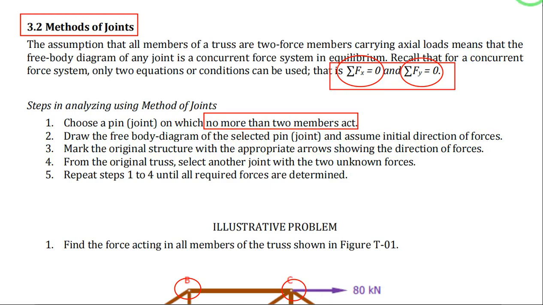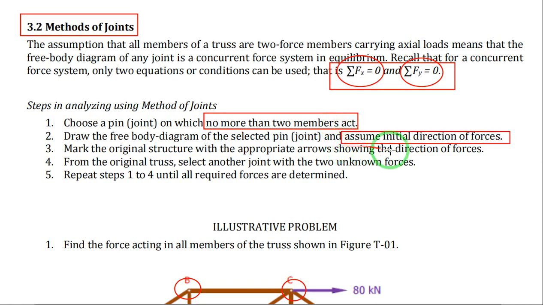You have to draw the free body diagram of whichever joint you prefer to start your calculation with, and then assume the initial direction of the forces. It's either in tension or in compression.